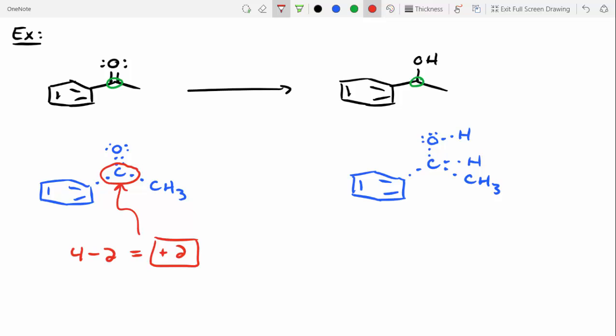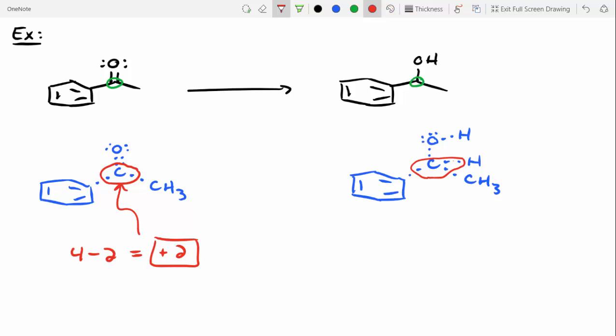We could do the same thing for the oxygen if we want, but we're organic chemists, so we're primarily interested in carbon. Let's do the same thing over here. Now, carbon's more electronegative than hydrogen, so it will steal both of those electrons. It'll only get half of the carbon-carbon electrons.